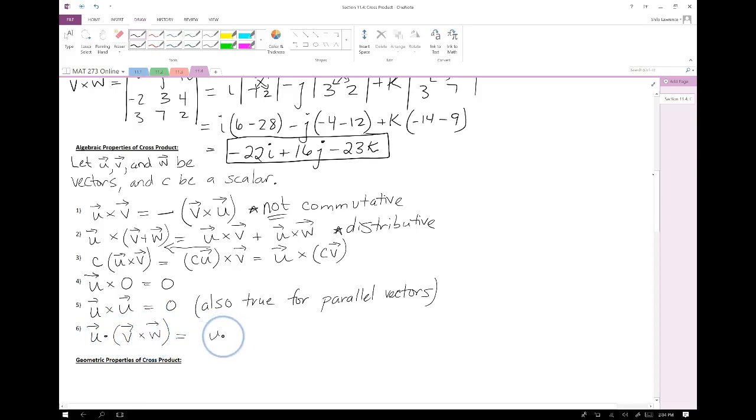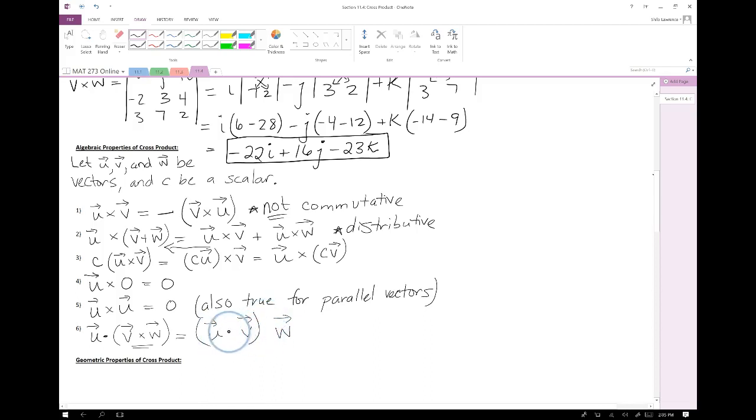But something happens here when you change the order of the operations that we're going to perform, because the answer to a cross product is another vector, and then if you're going to do a dot product, you need two vectors. So if I was to move the parentheses so that they were around the u and the v, I can't keep that as a dot product, because u dot v would be a scalar, and then you can't cross a scalar with a vector.